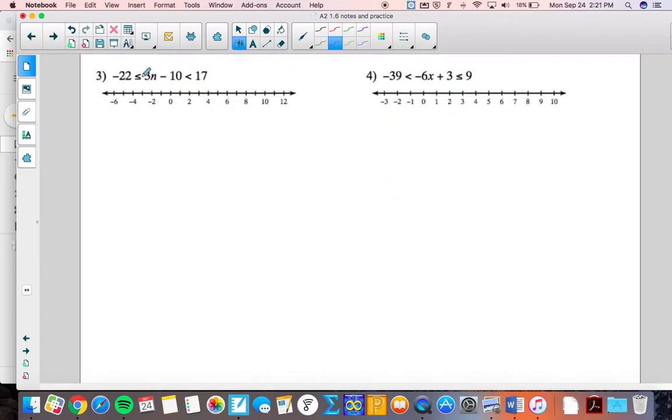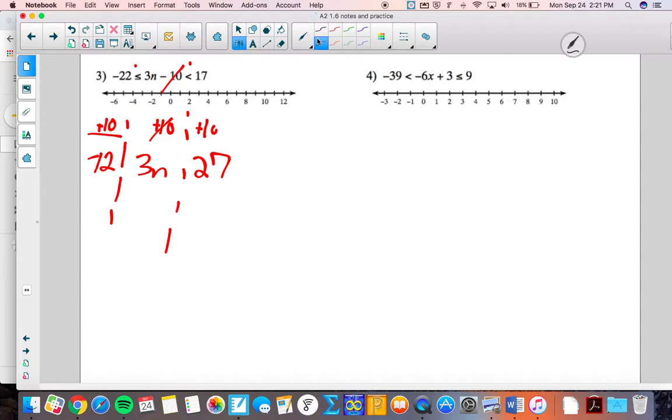Next one, we're going to add 10 to each side of the inequality. Add 10, add 10. So we get -22 plus 10 is -12. These cancel out. We get 3n, and we get 27. We did not multiply or divide by a negative number, so bring down your inequalities.